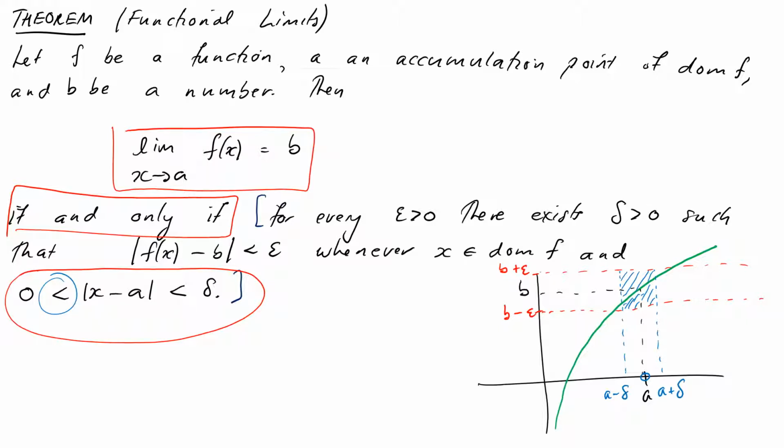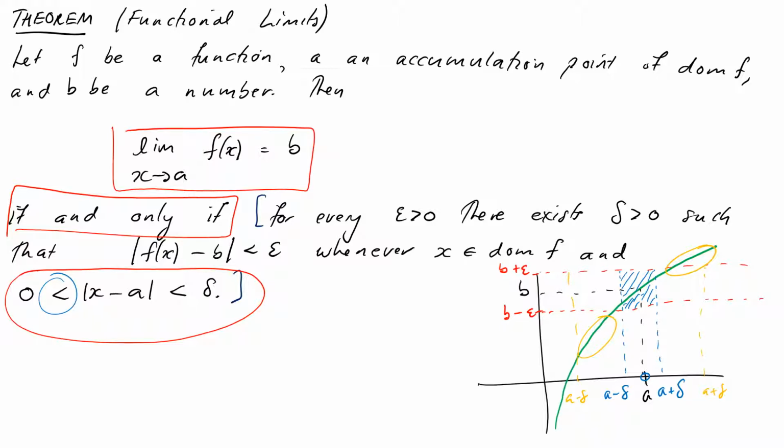But what we have is this thing here, if we can find a small enough delta. So let's just draw an example of what a too big delta would look like. If delta was this big, if we had a plus delta over here and a minus delta over here, then clearly there'd be some parts of the curve that were outside of our red band.